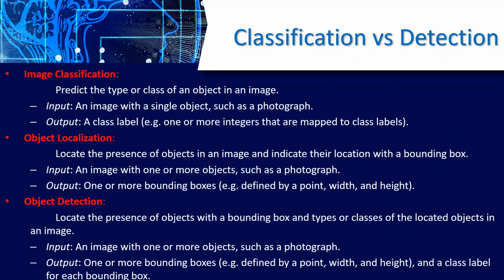For example, if you have a cat and a dog in a single image, you can select the area of the cat and label it as a cat, and select the area of the dog and assign the dog label to that area. Like that, you can select different parts of the image and label different names. That is a simple difference between object detection and image classification. Any doubt here?